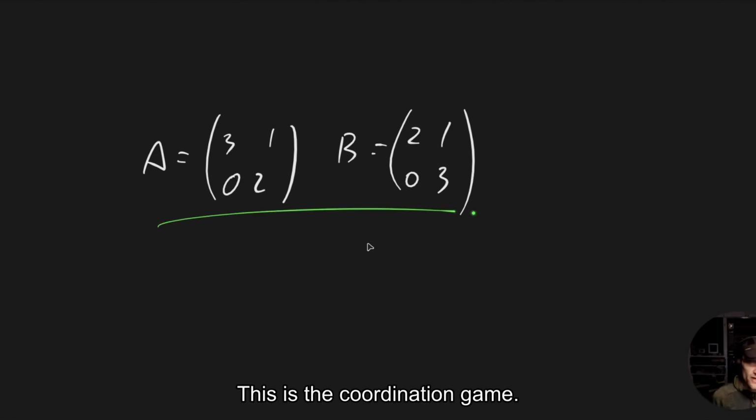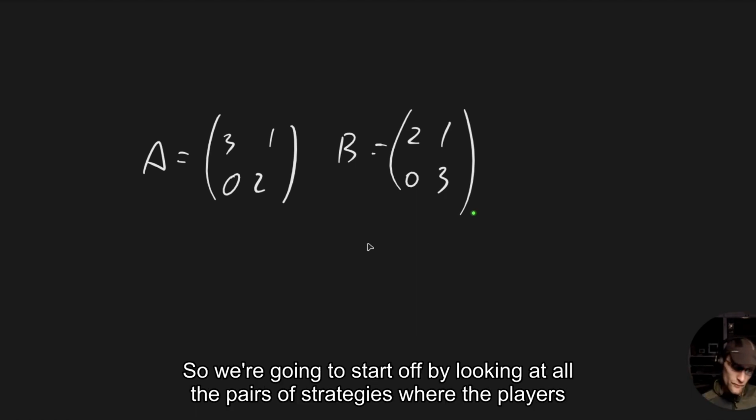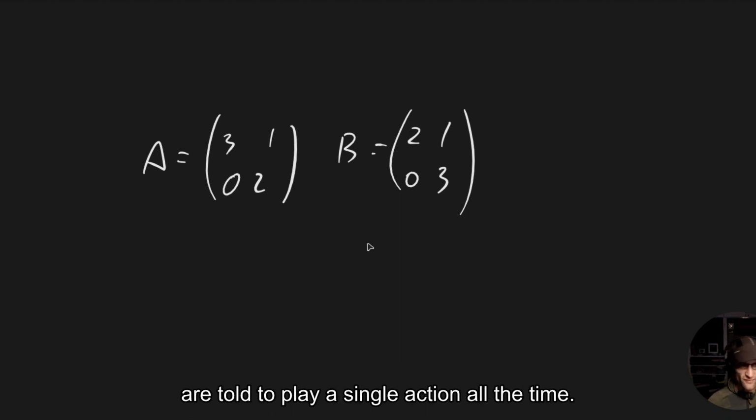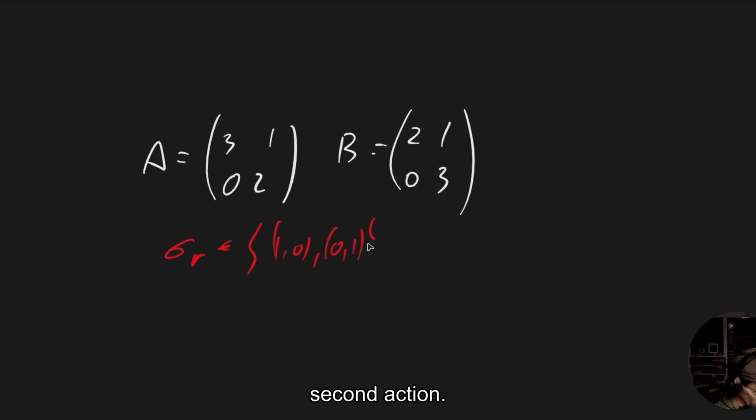This is the coordination game. And the reason we're using it is because there's actually three such pairs of strategies. So we're going to start off by looking at all the pairs of strategies where the players are told to play a single action all the time. So we know that sigma r will either be always take your first action or always take your second action.